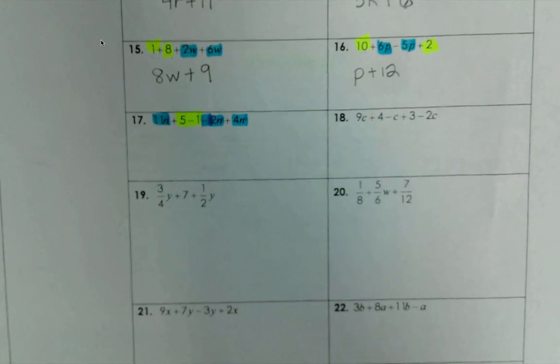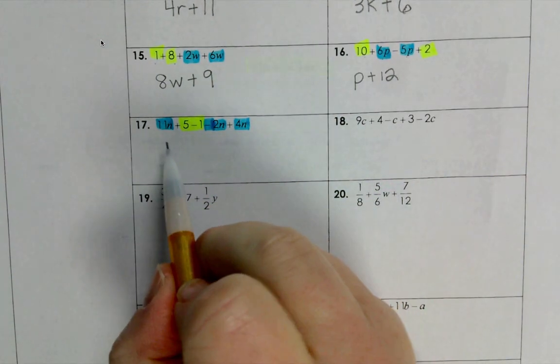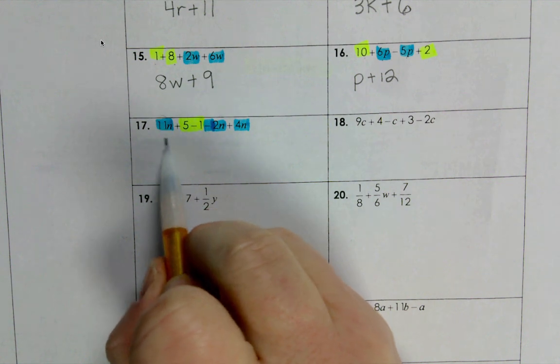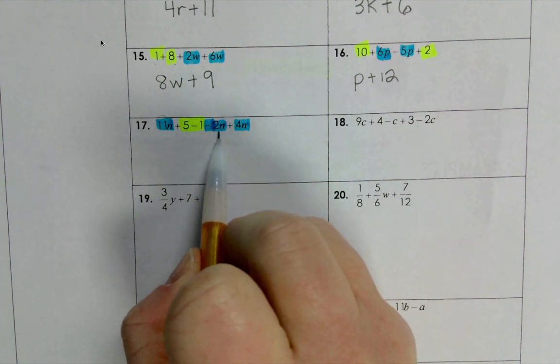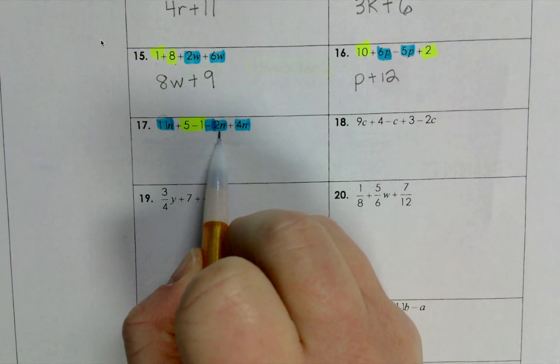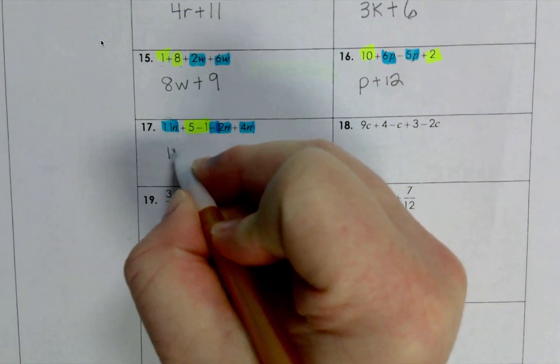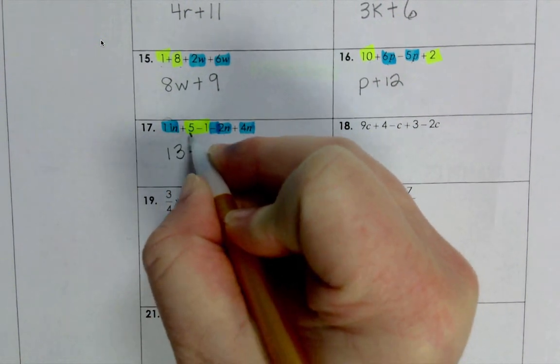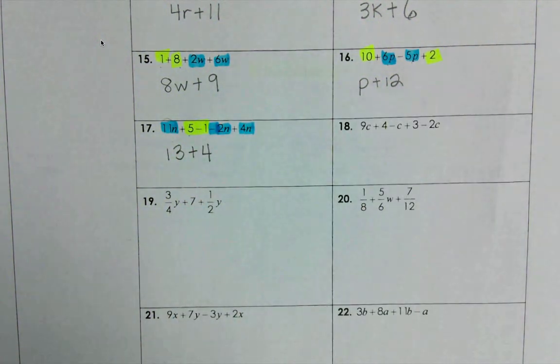And so what this is going to mean is when you're combining, you're going to do 11n's minus 2, which I end up with 9. But then I add 4 more. I'm going to get 13n's plus. And then 5 minus 1 is 4. Okay.